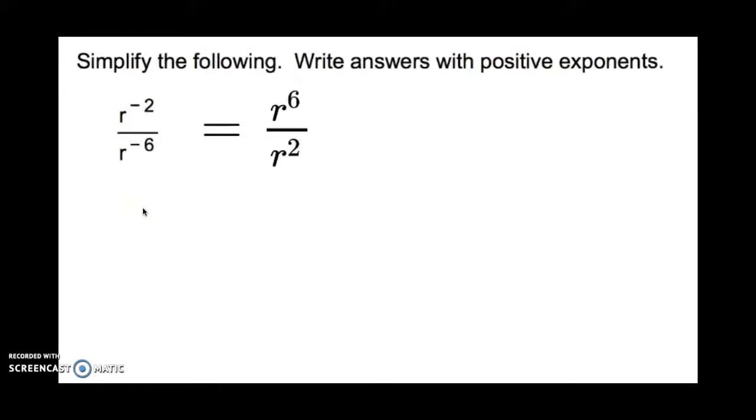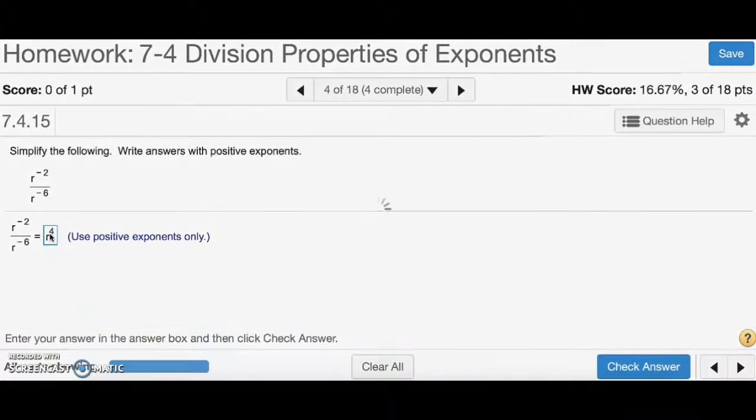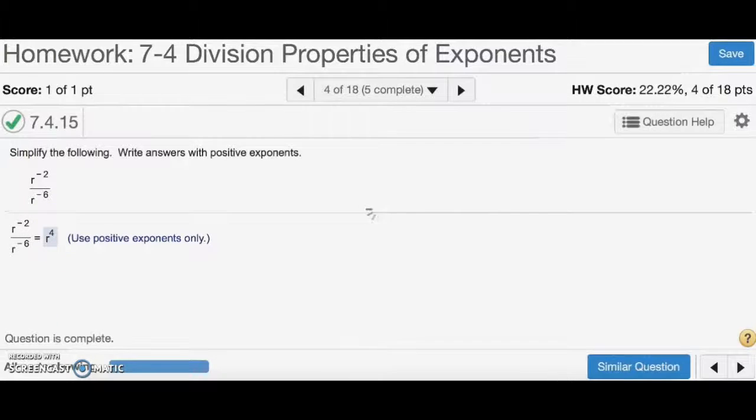Because remember, negative exponents means we got to either move it down or up depending on where it's starting. So just flip it upside down and make the exponents negative. Now we can subtract the exponents. So 6 minus 2 is 4, so your answer will be r to the 4. Typing that in, we have r to the 4 power. And that is number 4.